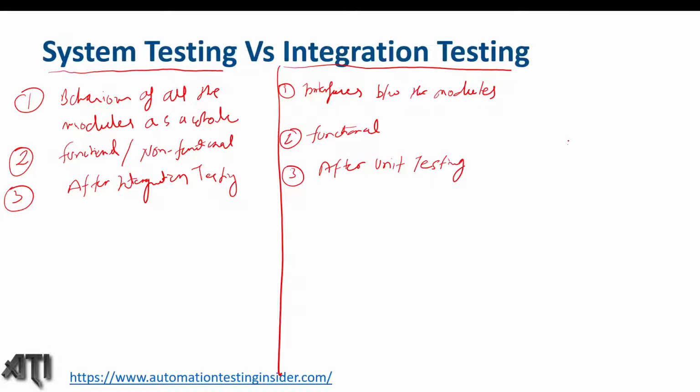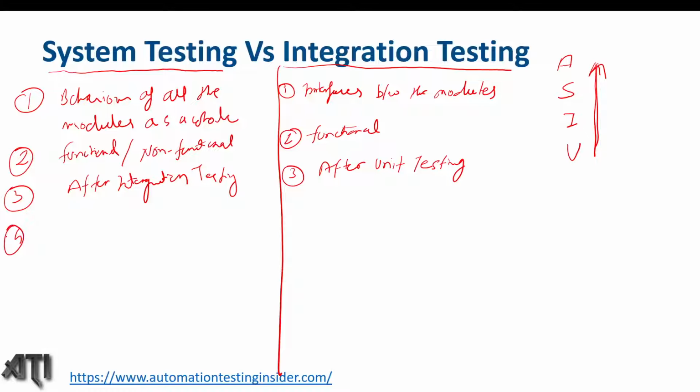We have already spoken about unit testing, integration testing, system testing, and acceptance testing. So these are the different levels in software testing: unit testing, integration testing, system testing, and acceptance testing.